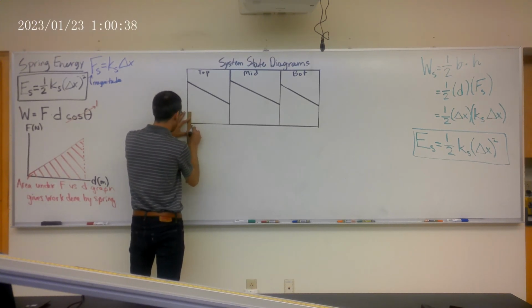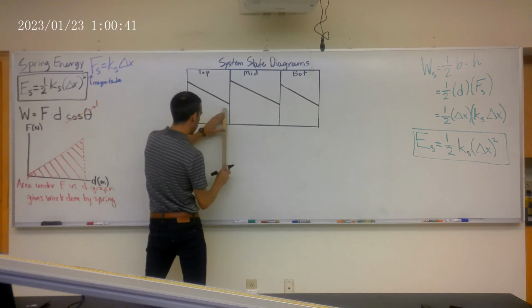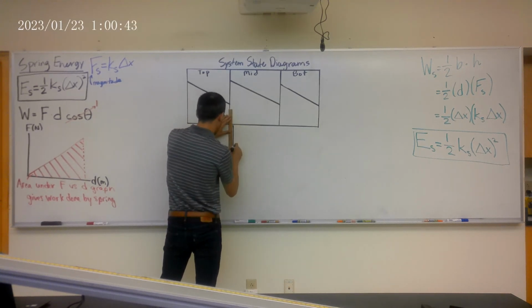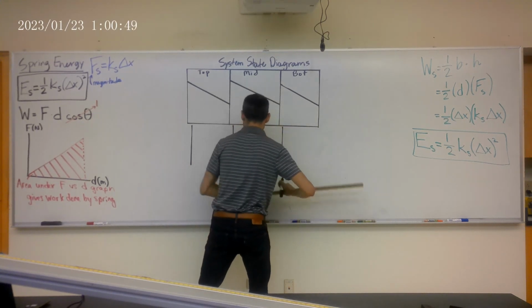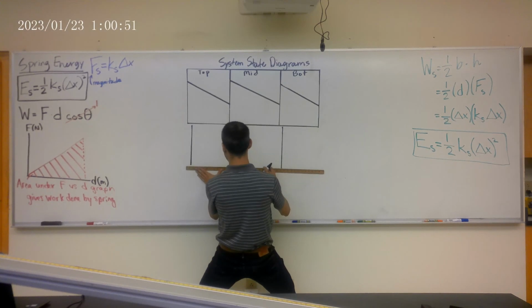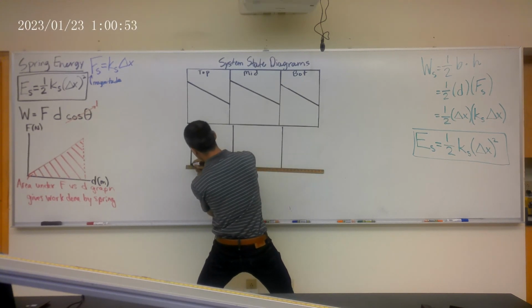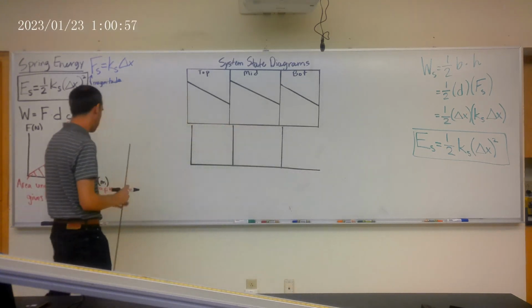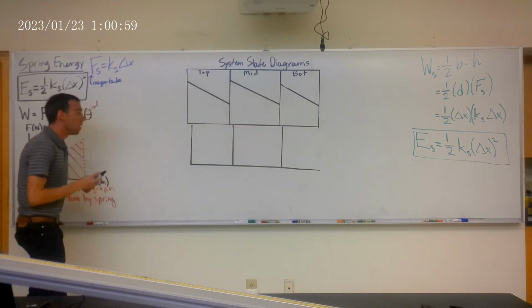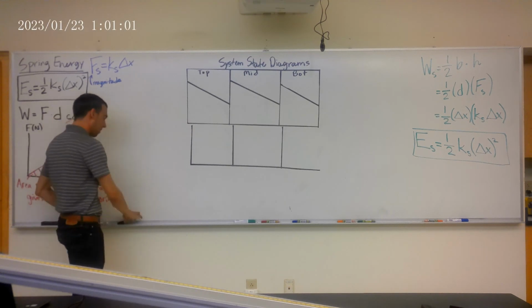So I would want some axes there, there, and there. So that will be our energy bar charts that go along with this. First, let's talk about the system state diagrams.